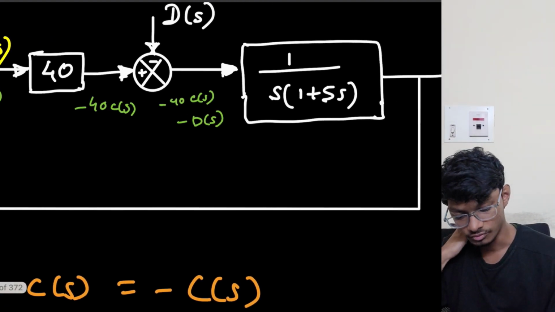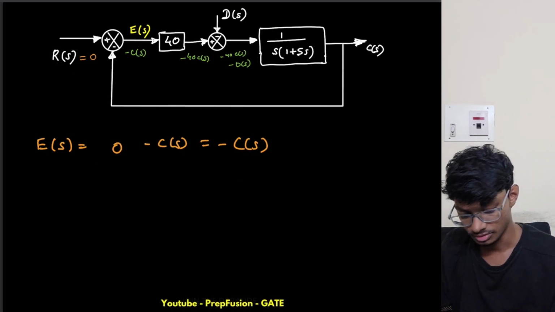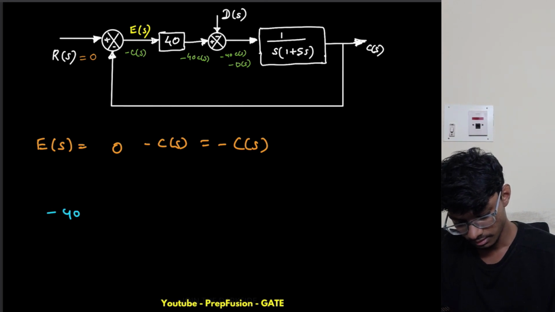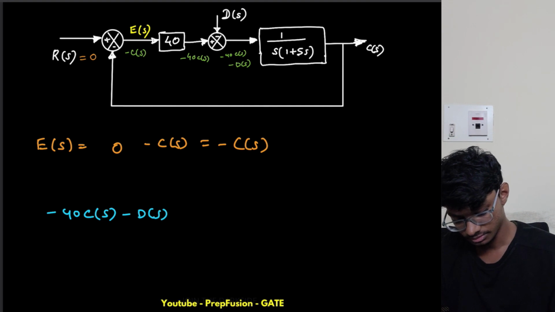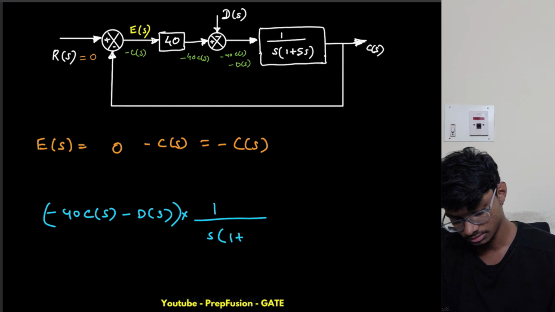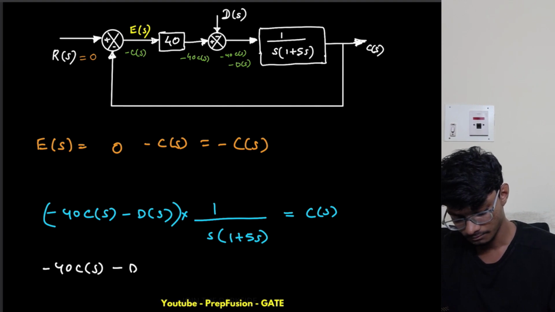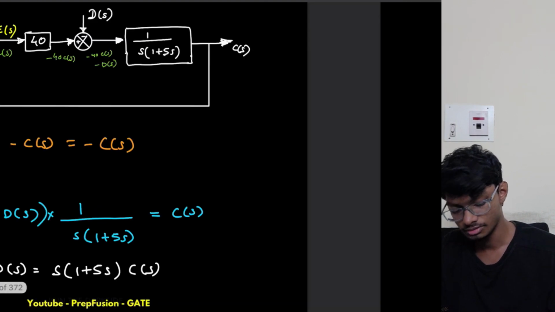Now I multiply this with this transfer function, so I get C(s). So now I will write the equation: minus 40 into C(s) minus D(s), times the whole transfer function 1 by s into 1 plus 5s, equals C(s).